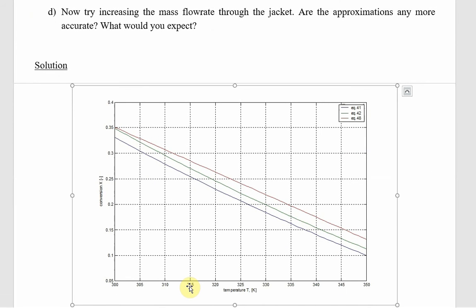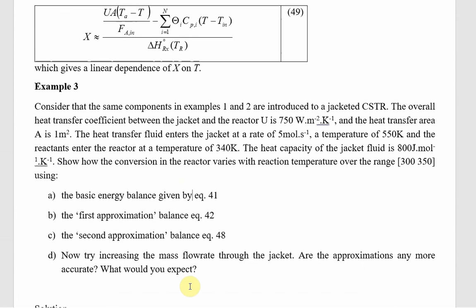So you can see that as we are considering these different temperatures, so we are looking at exit temperatures in the range 300 to 350, the conversion is dropping here. And that's also because this is an exothermic reaction. So for us to be operating at those higher temperatures, we get that inhibition effect, and so the conversion goes down. And you'll see there are 3 lines here, and that's because I was also testing that assumption. In this question, there is enough information, right?